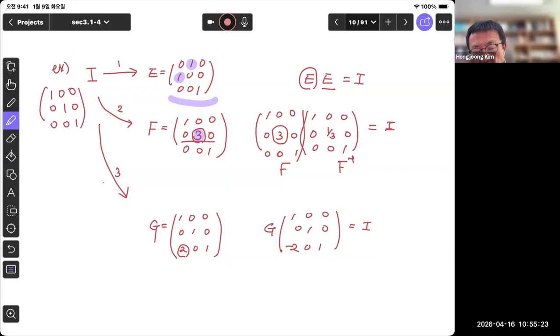In case of G, you have one non-zero value in the off-diagonal region. That is the only difference between G and the identity matrix.